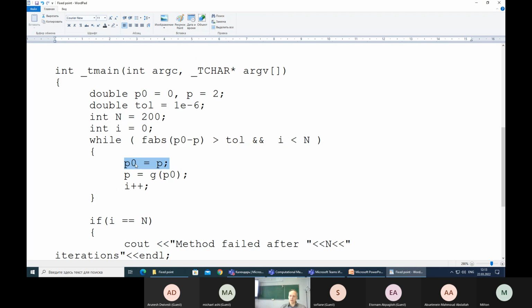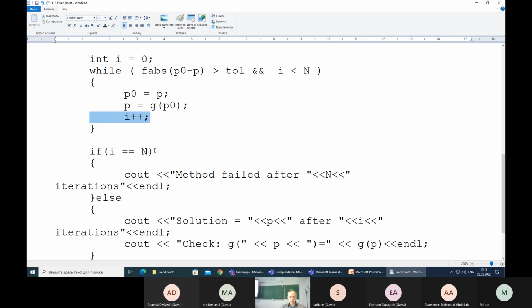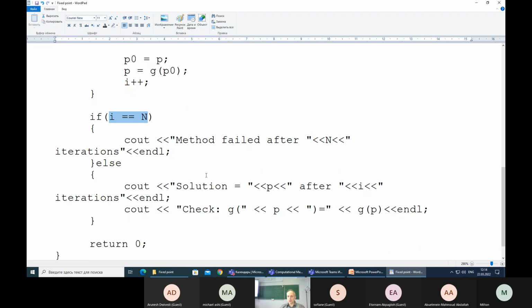We update the value of P0 and we update the value of P. P0 equals P and P equals g of P0. And we increase the counter. If the number of iterations equals n, it means that the method failed to solve the problem after n iterations. Otherwise, we output the solution to this problem.